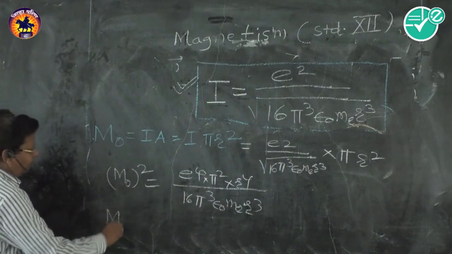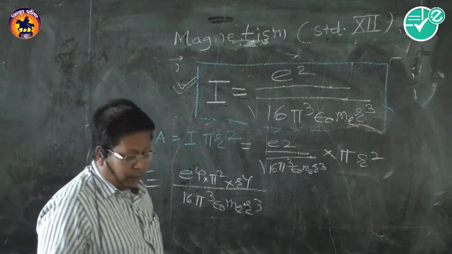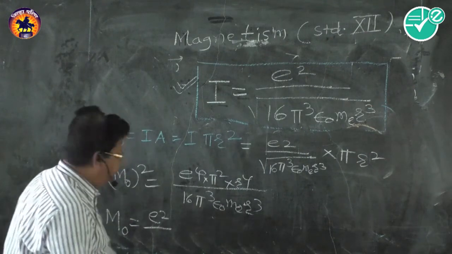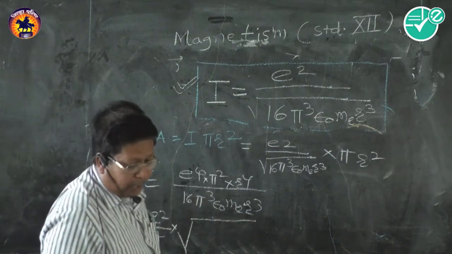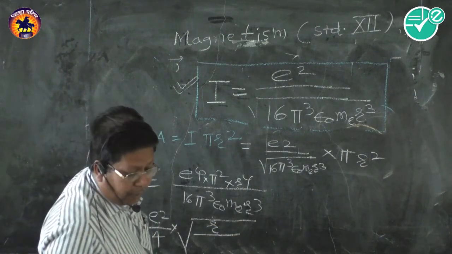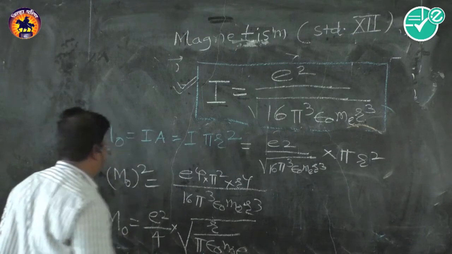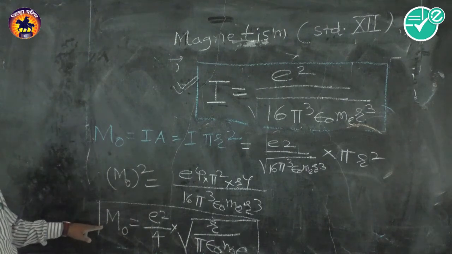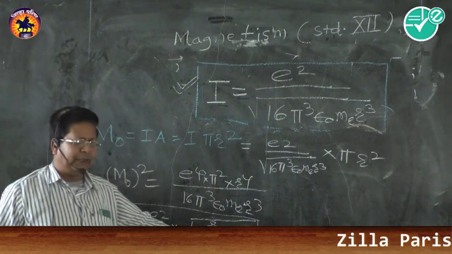And therefore, the final result is M O, which is equal to e to the power 2 divided by 4 into square root of r divided by pi epsilon 0 into m e. So the magnetic dipole moment of the revolving electron is again given by this new formula, which is M O equal to e square by 4 into under root r divided by pi epsilon 0 m e.